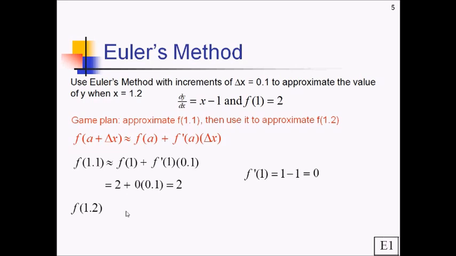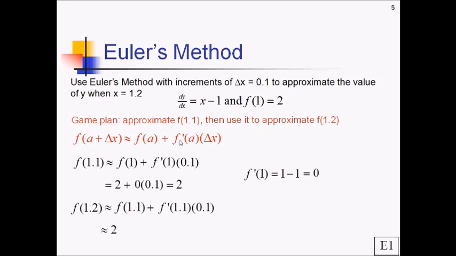So to get that, I am now going to have f of 1.1 plus f prime of 1.1 times my step size of 0.1. Now, what's f of 1.1? Well, we don't actually know, but we have an approximation for it right here. Since 2 is an approximation of f of 1.1, I'm going to now write approximately equals 2. Plus, we now need the derivative at 1.1.